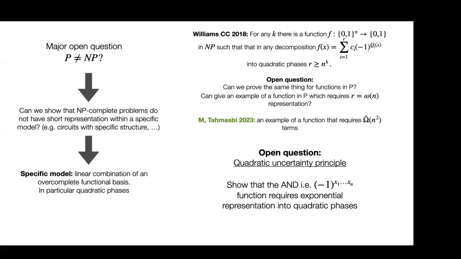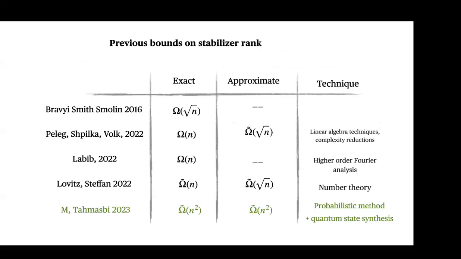And indeed, as a byproduct of our results, we show that there exists a function in P that requires quadratic. We should also mention that we use an observation by Peleg, Shpilka, and Volk from 2022. They say that if they can prove a quadratic lower bound, then they can improve this result.